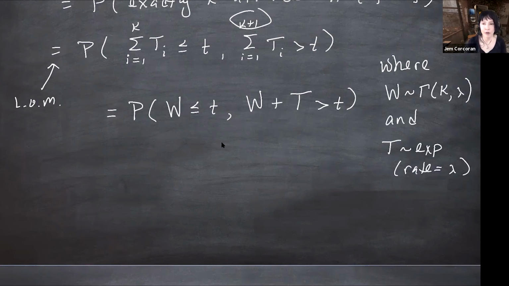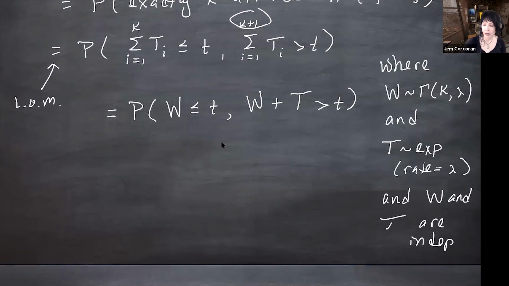It's probably a T 23 or something, but I'm just writing a T without a subscript to be kind of a generic exponential. And also, we have that W and T are independent by the assumption that all the T's were IID. So I have a gamma sum here. This is also a gamma sum, but it's the original gamma sum plus another exponential.